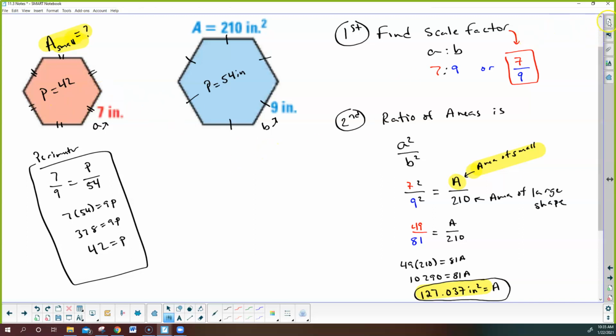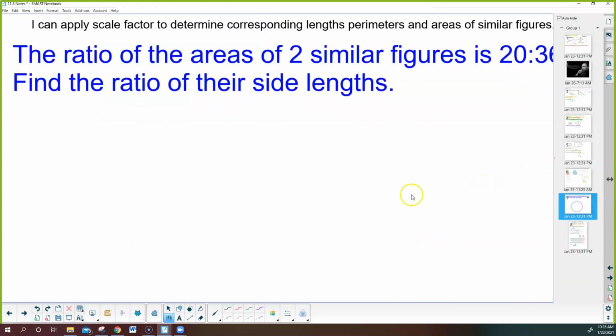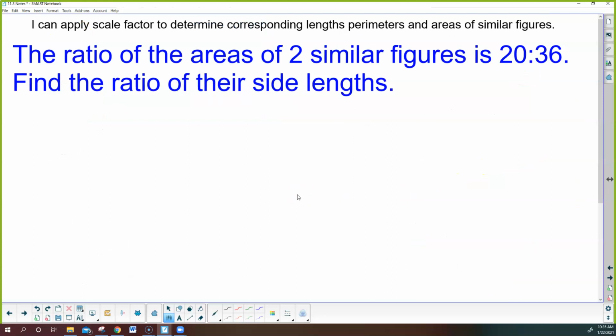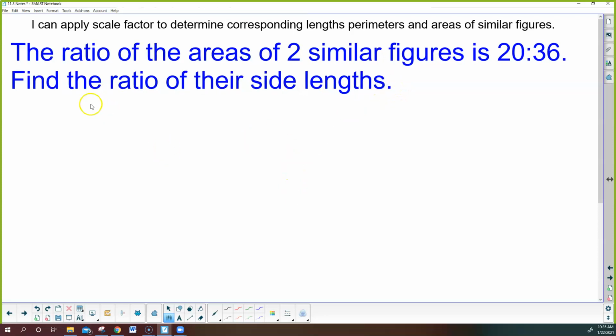All right, we got one last problem. It says the ratio of two areas of similar figures is 20 to 36. Find the ratio of their sides.